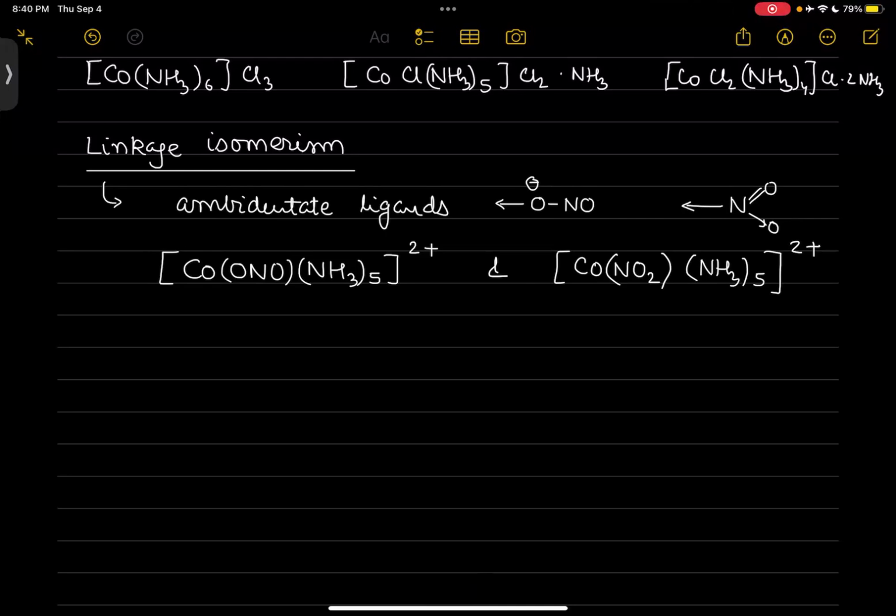That's why it is called linkage isomers. So ligands like SCN, NCS, NO2 and ONO, OCN and NCO, they can show the linkage isomer. Why they can, how they can show? Because they have at least one ambidentate ligand.